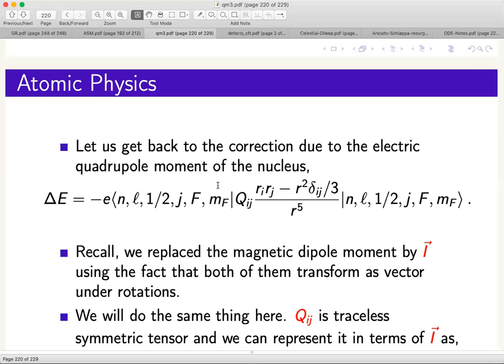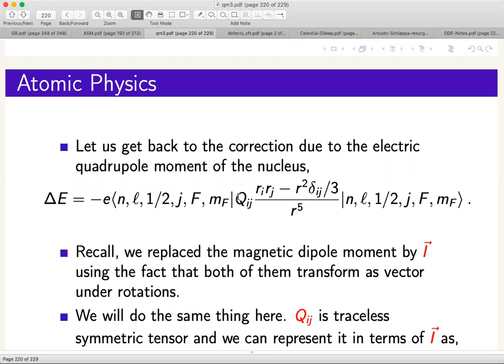This expression is precisely that kind of form: a spherical second rank tensor generated out of products of two spherical vectors.